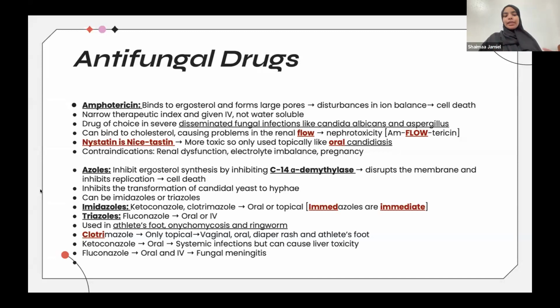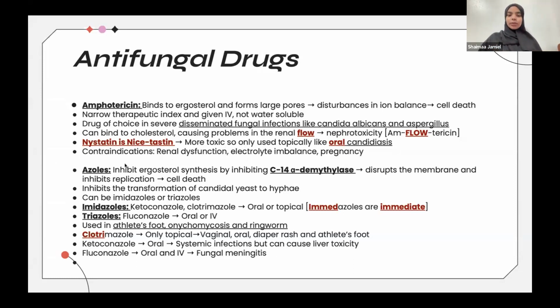Maybe you can remember it because nystatin kind of sounds like nice tasting, right? Tastes nice, you put it in the mouth, swish swash, and then throw it out, okay? So yeah, it's very toxic, so you don't do that. And then it causes nephrotoxicity, so of course it's contraindicated in renal dysfunction. It causes problems in the permeability, so of course it's contraindicated in electrolyte imbalance, and it's contraindicated in pregnancy, okay?